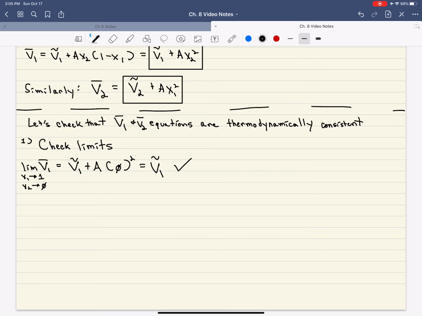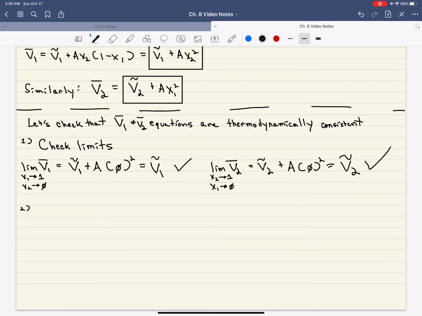Similarly, we take the limit of V2 bar as x2 goes to 1, which also means x1 goes to 0. We would have a times 0 squared, and we would get back the pure V2. So the models pass that first check.